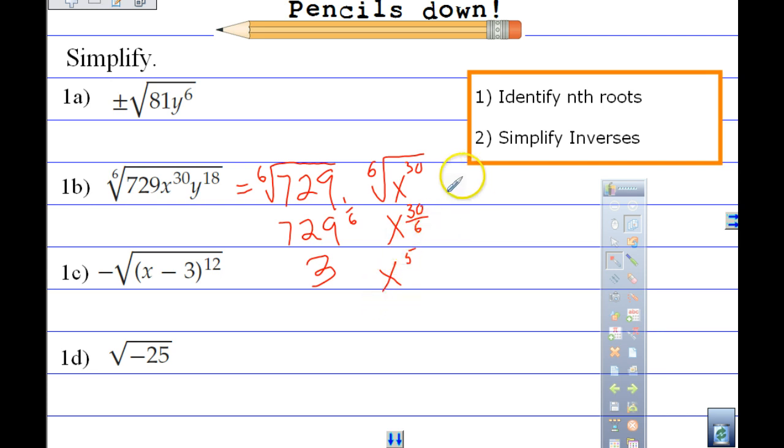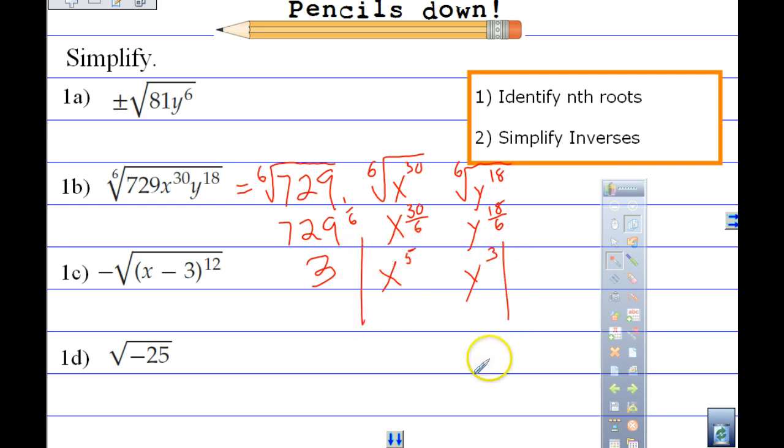Okay. How about the 6th root of y to the 18th, which is y to the 18 over 6, which is y to the 3rd. And then absolute value. Both of these are odd, right?